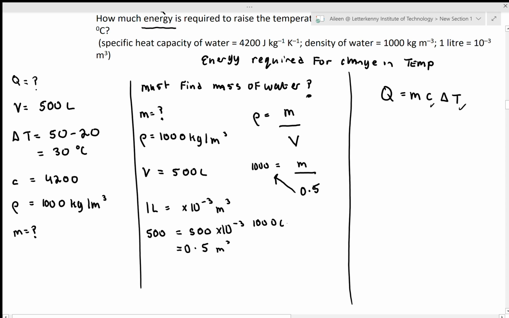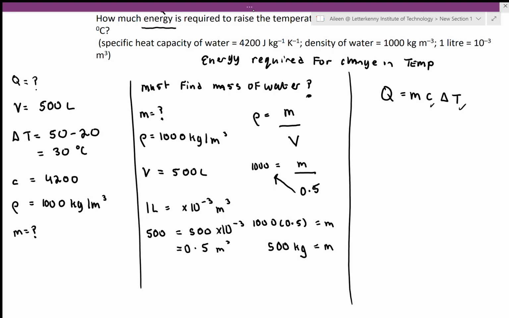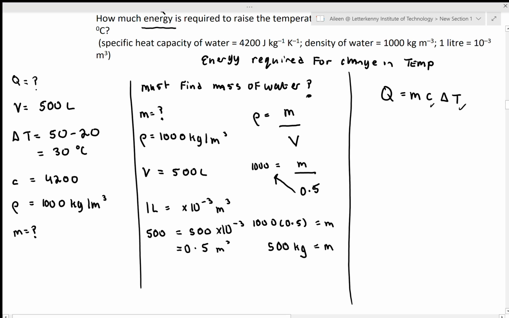This gives me 1,000 times 0.5, which gives me my mass of 500 kg. Okay, so now that I've found my mass value, just going to highlight that here.